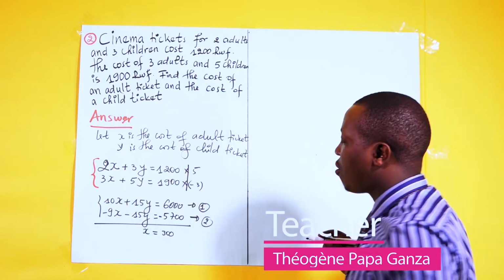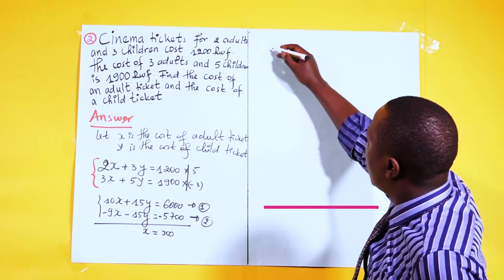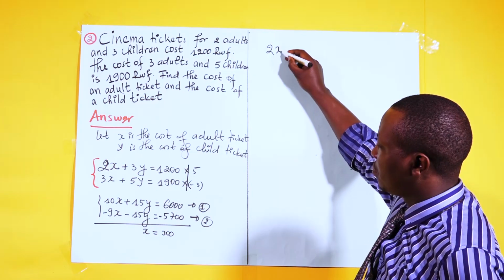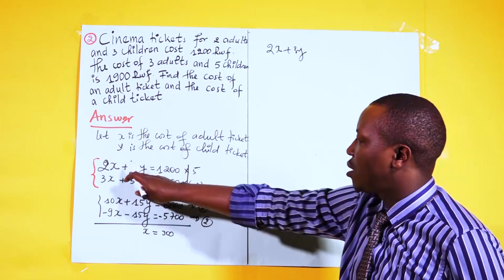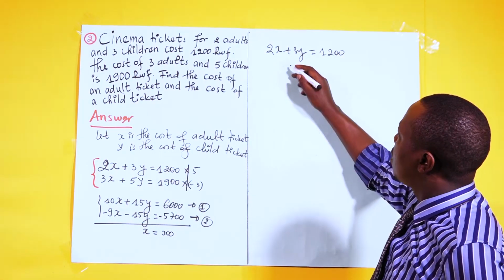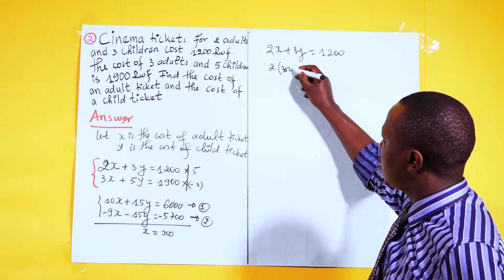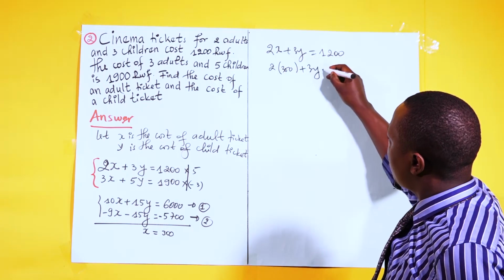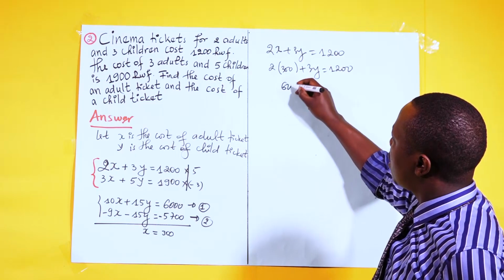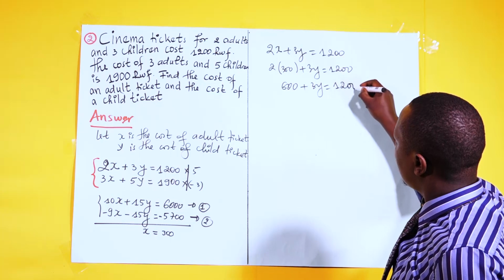Let us also find y. We have x, so we are going to look for y by substituting in the first equation, 2x plus 3y equals 1,200. Here 2 times x, which is 300, plus 3y equals 1,200. The multiplication gives us 600 plus 3y equals 1,200.